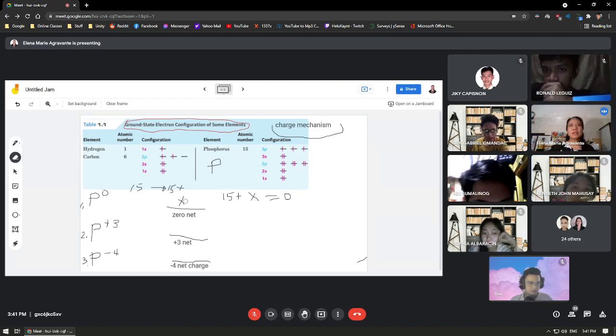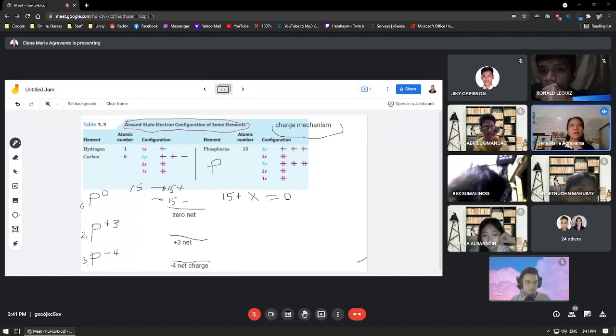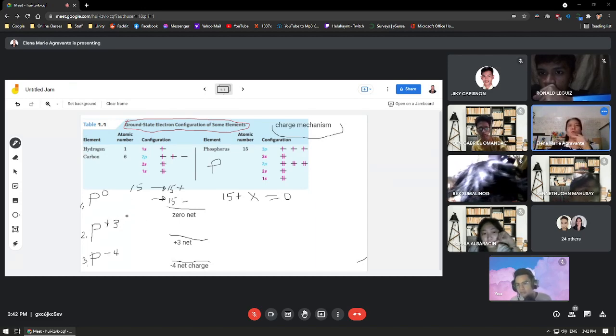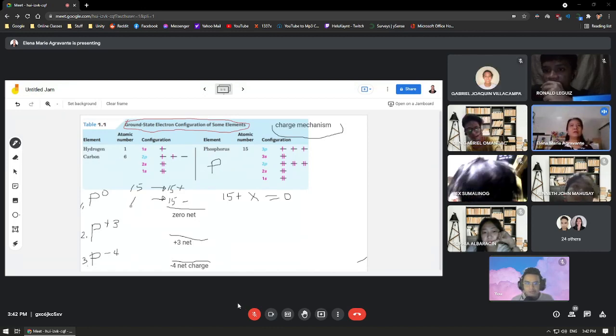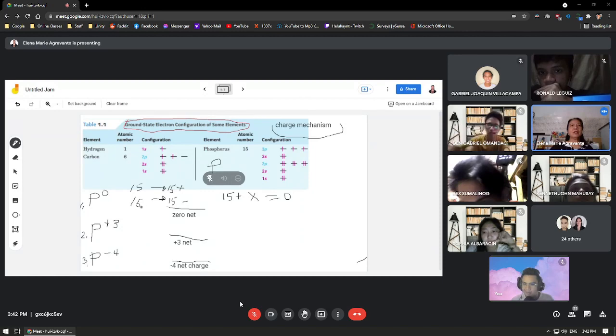So you can write it as 15 negative or negative 15. Anyway, the positioning of the sign is just arbitrary. How many electrons are carrying the 15 negative charges? One electron carries one negative charge. So you also have 15 electrons.